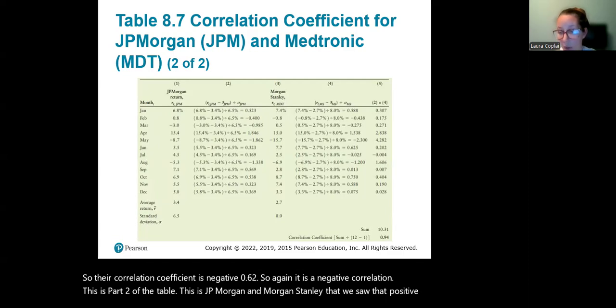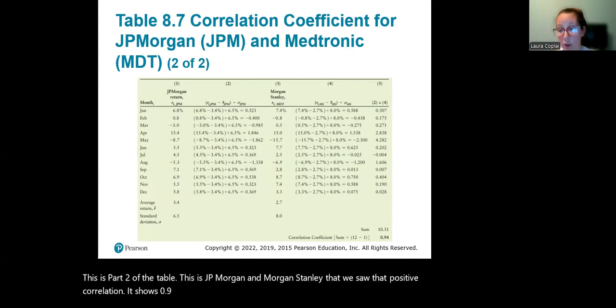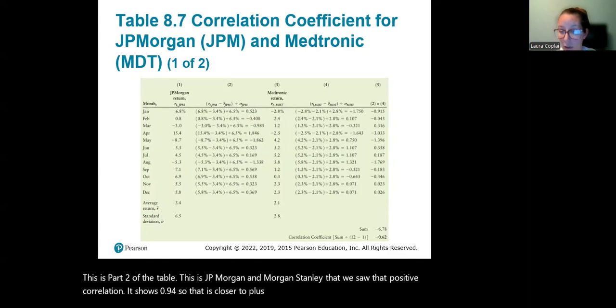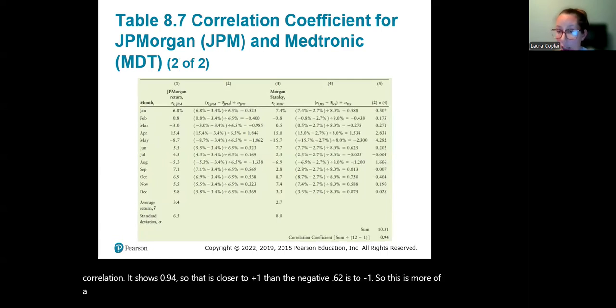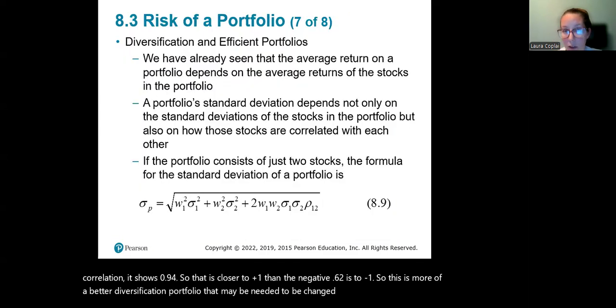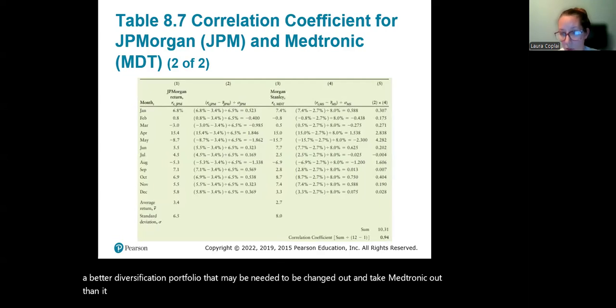It shows 0.94, which is closer to +1 than the -0.62 is to -1. So this is more of a diversification concern, where you may need to take Medtronic out, rather than keep Medtronic and maybe add in Morgan Stanley.